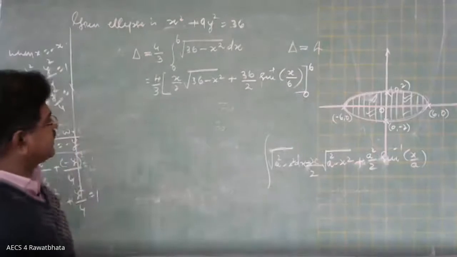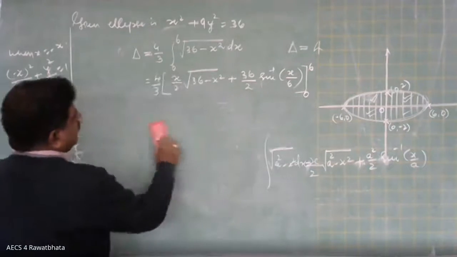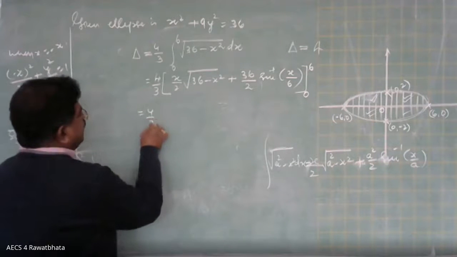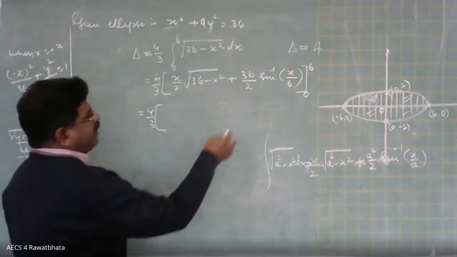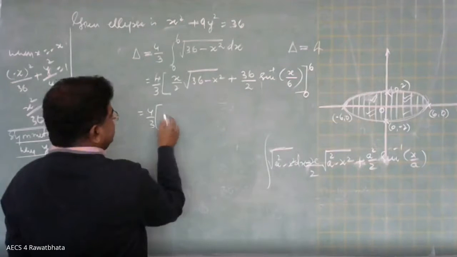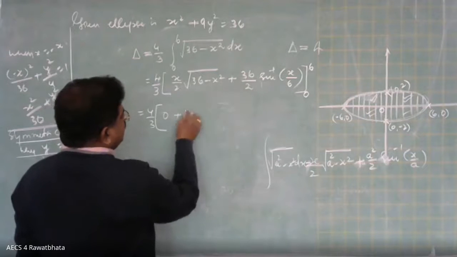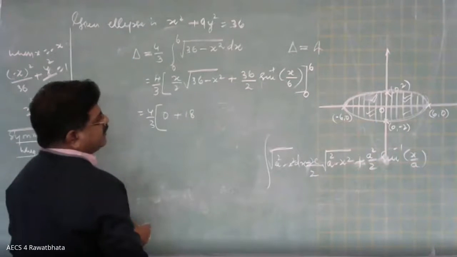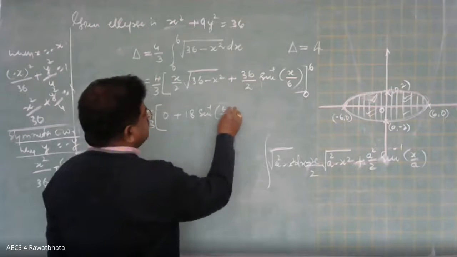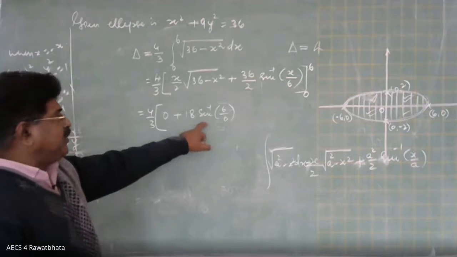Applying the upper limit, the first term becomes 0 since 36 minus 36 is 0, and plus 36 upon 2, which is 18, times sine inverse of 6 upon 6, that is sine inverse 1, which is pi by 2.